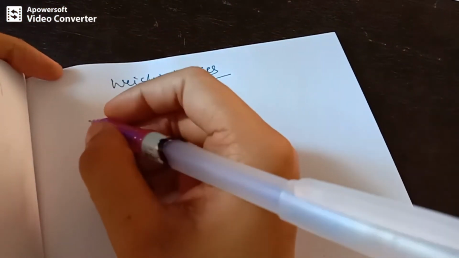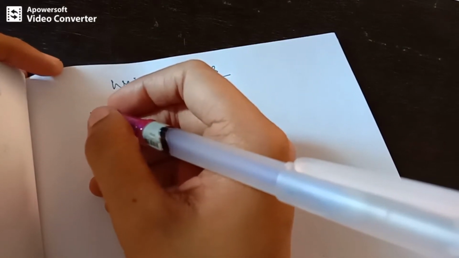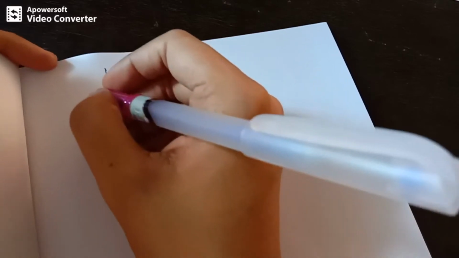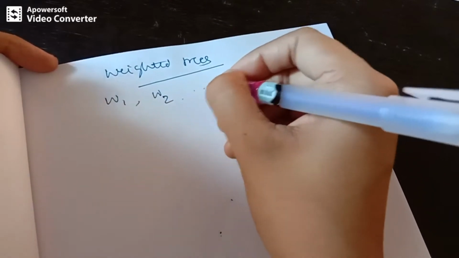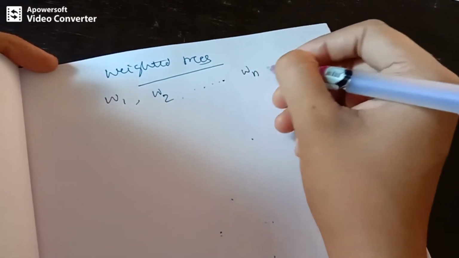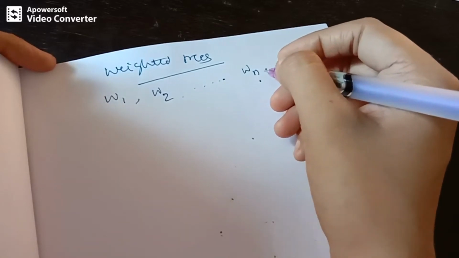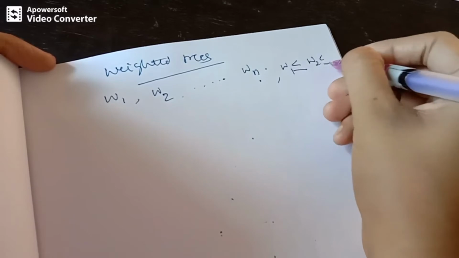So let me give the definition of a weighted complete binary tree. Let us consider the set of n positive integers with their weights given as W1, W2 and Wn. Let's say these n weights or n positive integers represent the weights for the nodes.